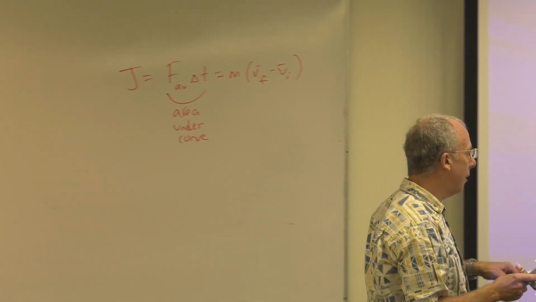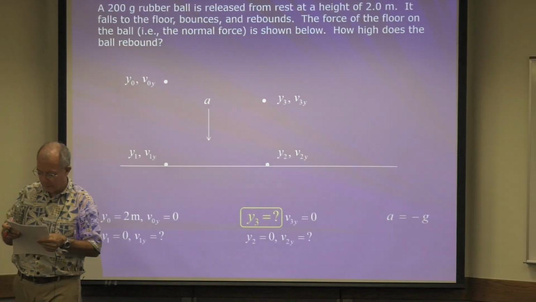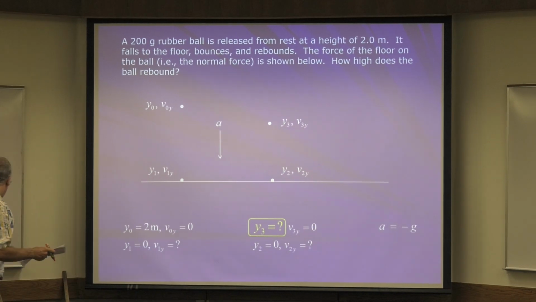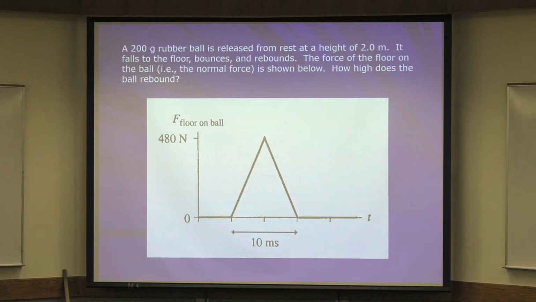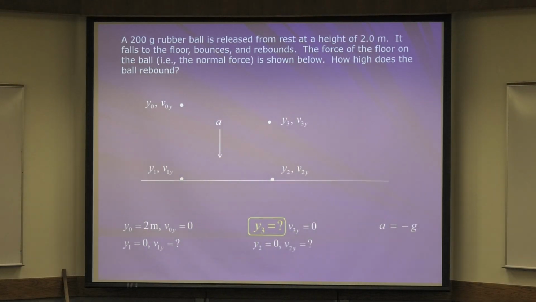How many impulses act on the ball during the collision? Well, there's obviously the floor, right? I mean, they gave us that. So there's the floor, but what else is acting on that ball during the collision? Gravity, right? Well, what's the gravitational force on the ball?